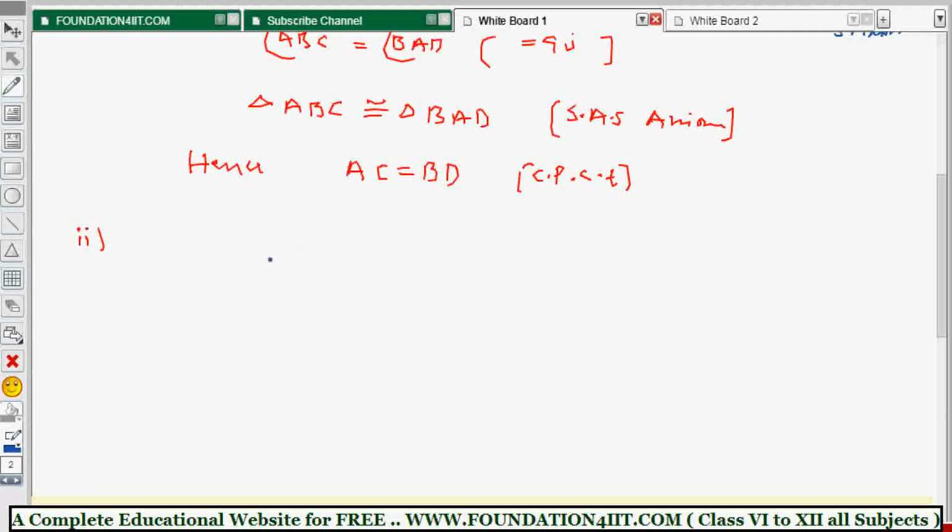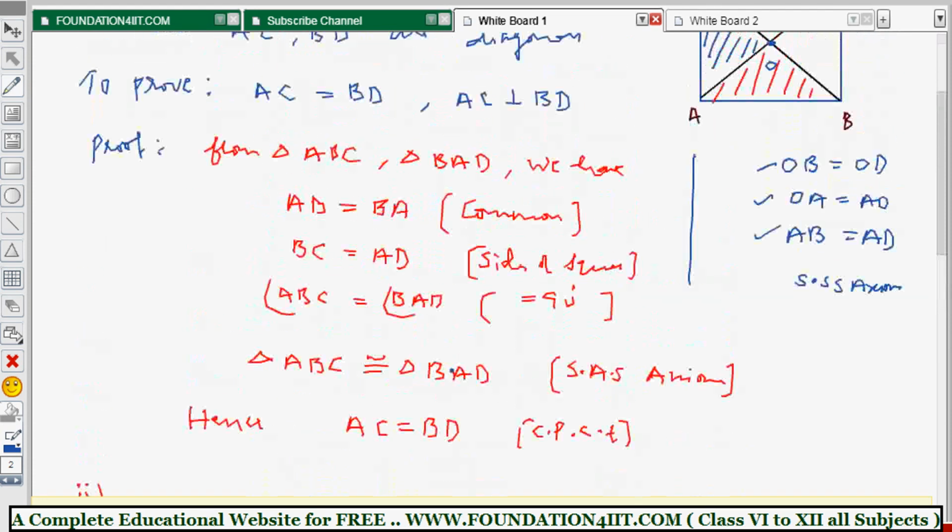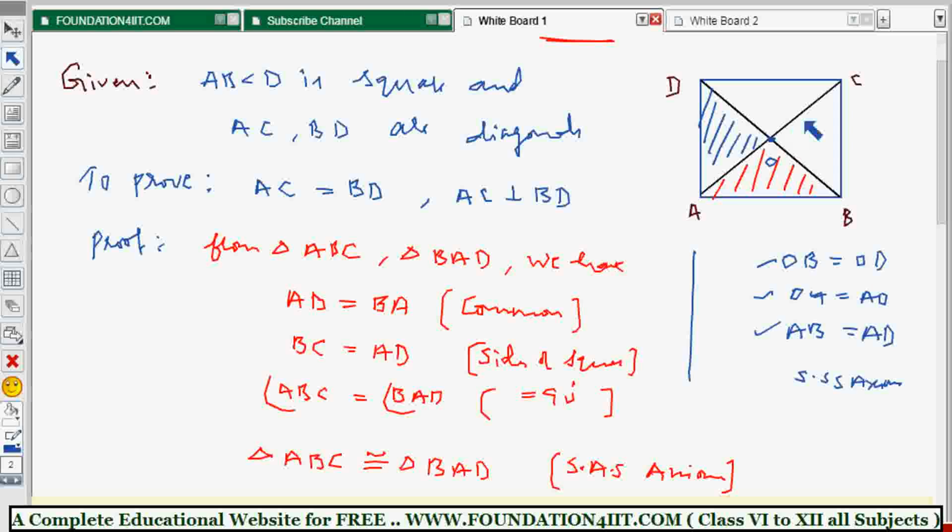Therefore, triangle AOB is congruent to triangle AOD according to the SSS axiom. Hence, these two are equal. Then by CPCT, angle AOB is equal to angle AOD. Right? We can conclude this. Once these two triangles are congruent, this angle AOB and angle AOD, these two angles are equal.